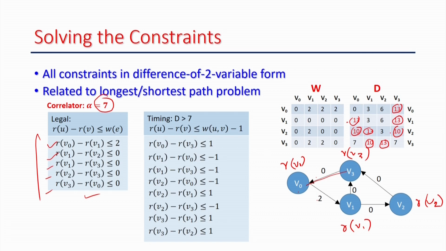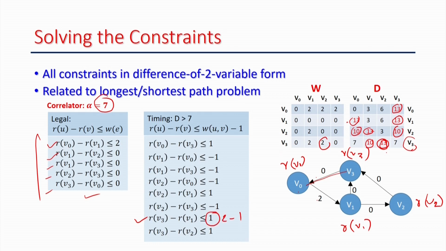So, if you just consider this value, this is V3 minus V1, that means R(V3) minus R(V1) should be WUV, WUV of V3 V1 is 2, minus 1. So, this will become 1, right, 2 minus 1.